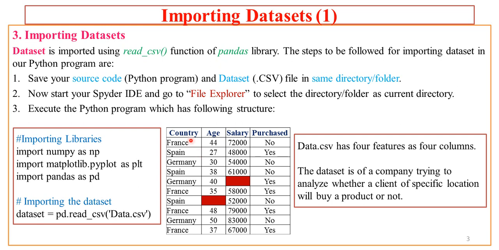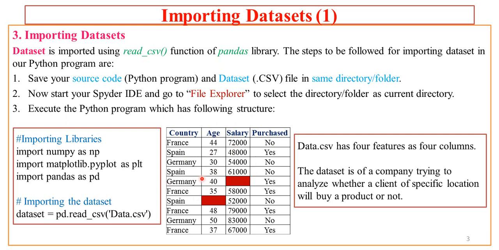It has clients present in various countries like France, Spain, and Germany. These are the three countries frequently appearing, and there is a client having an age and a salary, and whether that client has purchased a certain product from the company or not. So this is the data, and this data is to be analyzed.